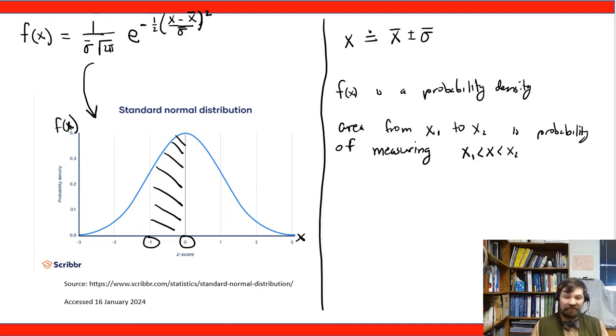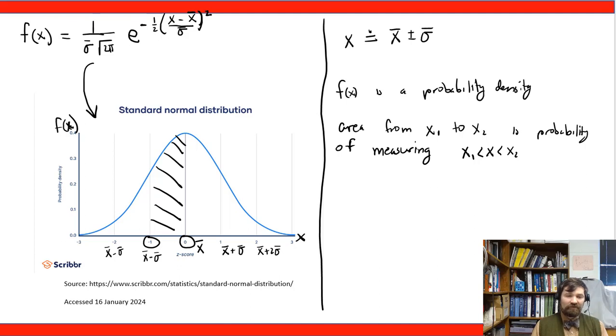Now, with that said, these are in terms of what are called z-scores, and I'll get into that in a little bit. Essentially, this value right here is equivalent to x average. This is x average plus 1 standard deviation. This is plus 2 standard deviations, etc. This is minus a standard deviation. This is minus 2 standard deviations, and so on.